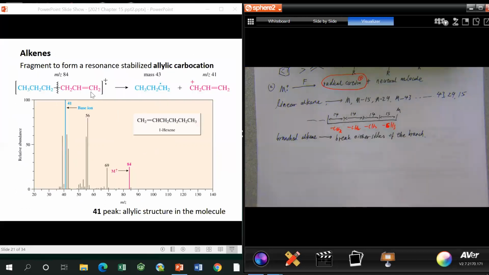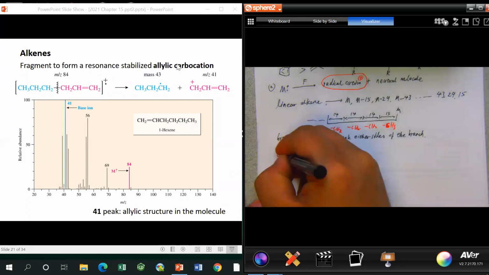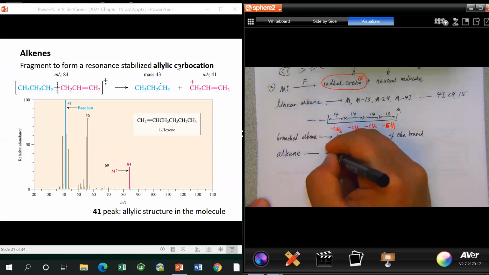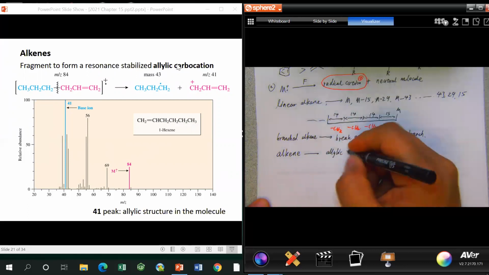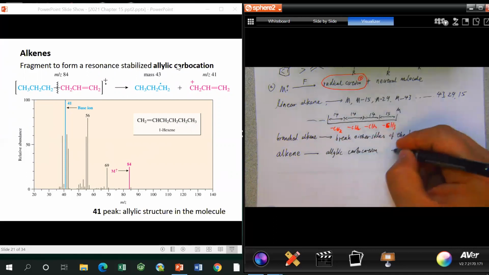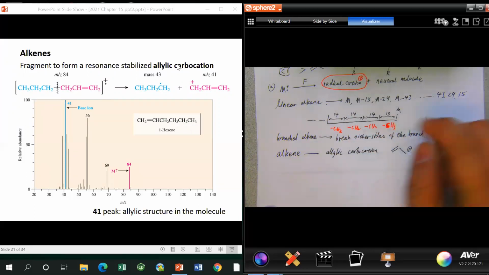All right, so next the alkene. If the alkene is a terminal alkene, with the double bond at the end of the carbon chain, quite often you should see the allylic carbon cation. We just learned it is very stable, one of the most stable carbon cations.